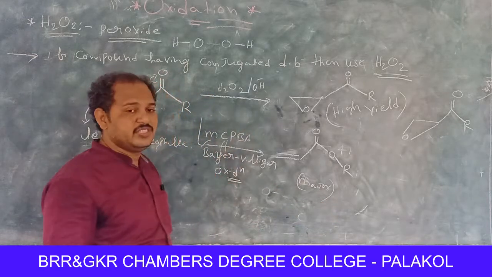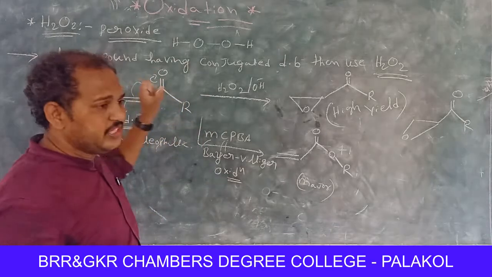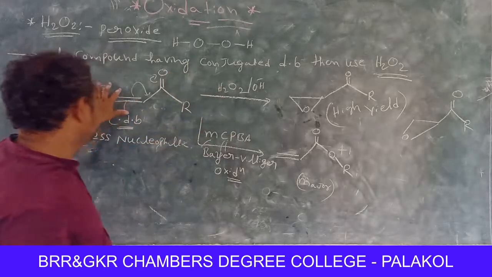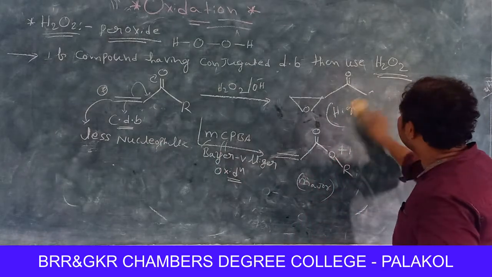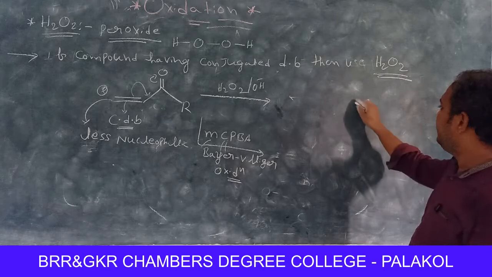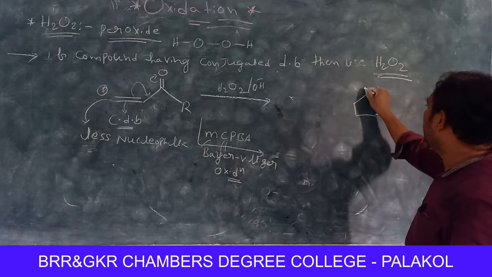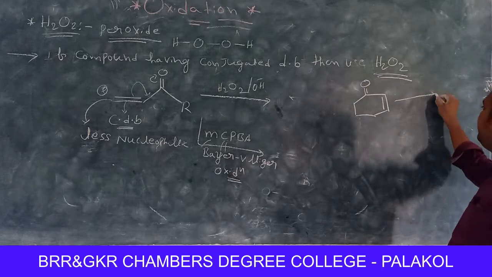So this is the difference whenever we are using H2O2. We have to use H2O2 whenever there is a conjugated double bond. For example, if you take one more structure like this, suppose we have a cyclic conjugated double bond, then we should not use mCPBA.